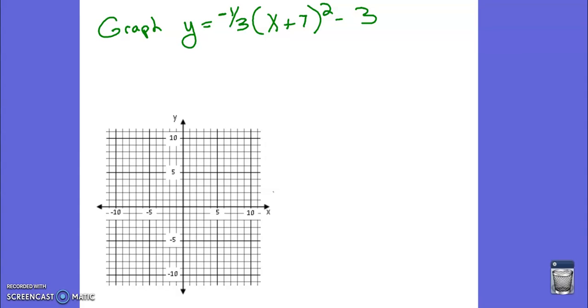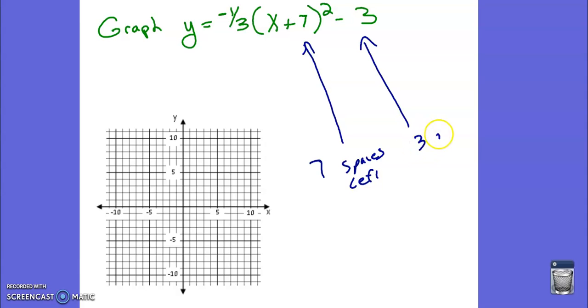And then the same thing with this, without using a graphing calculator, without making a huge XY chart and just guessing a bunch of numbers, notice this is 7 spaces to the left, and this is 3 spaces down. So that's going to give me the vertex, and this right here is 2 things.